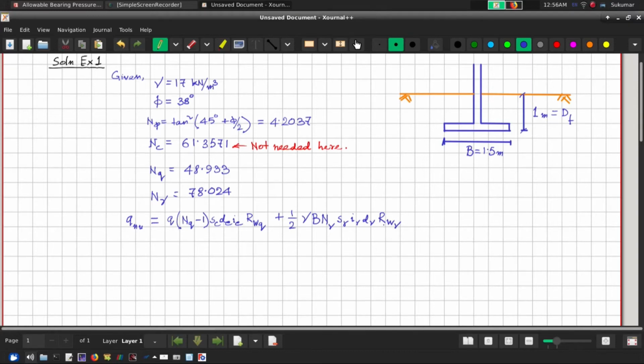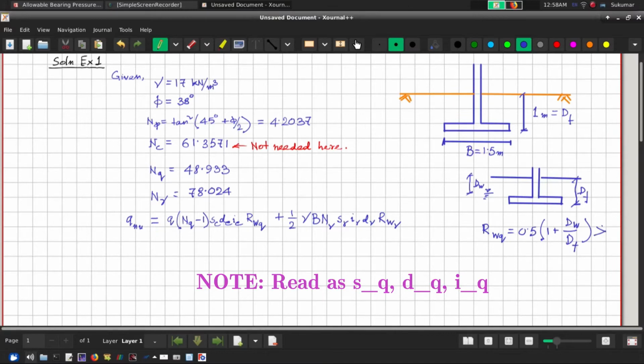The water table reduction factor, you remember that, let me draw an apple. So if the water table is above the foundation level, then this q term will be affected, and Rwq is given by, if you remember, 0.5 into (1 plus dw by df), and it is not greater than 1.